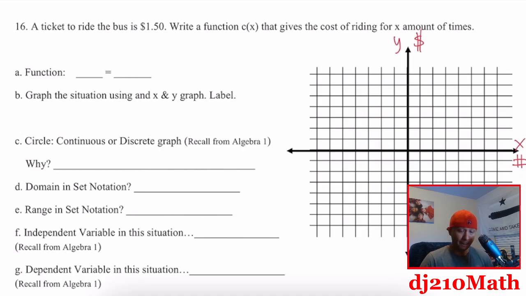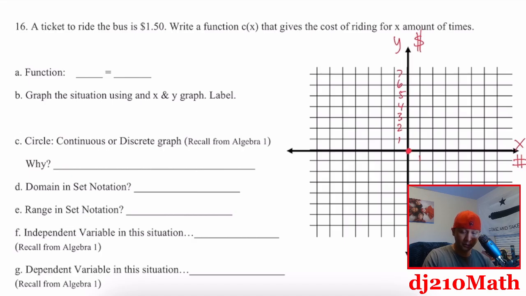At 0 tickets sold, 0 money is made. If 1 ticket is sold, then it's going to be $1.50. We could do this by ones. You could use $1.50 if you want, but I try to keep these as whole numbers.